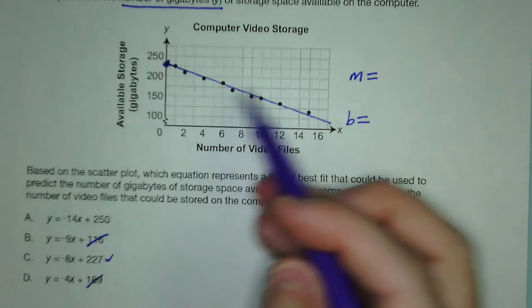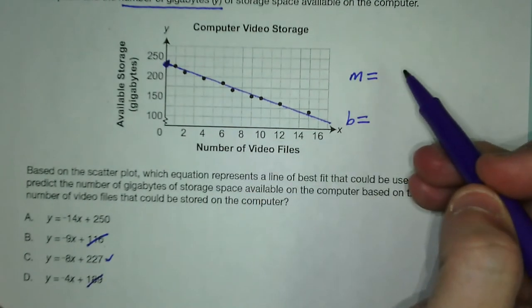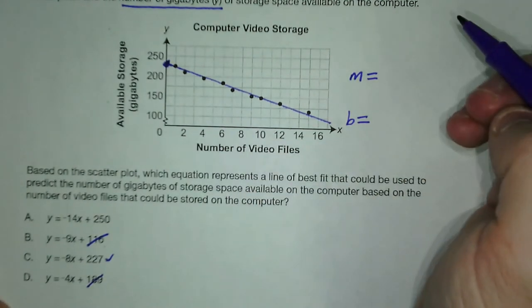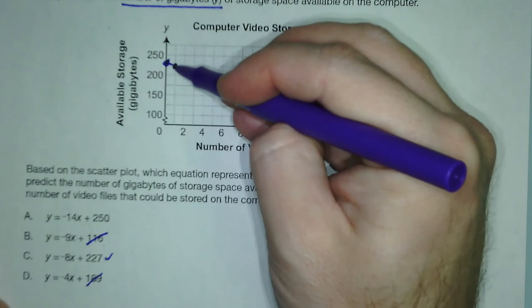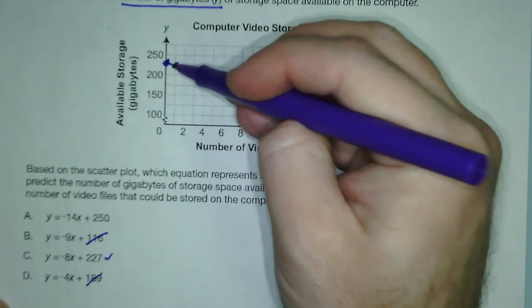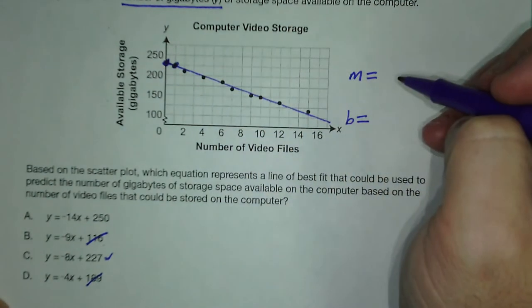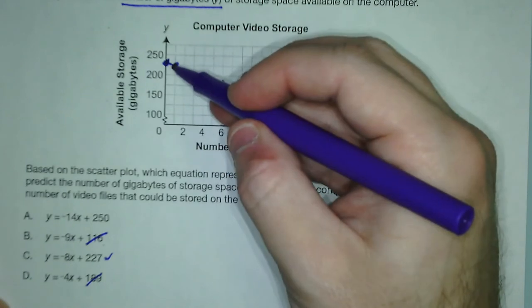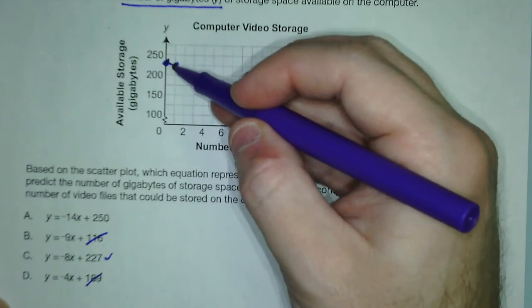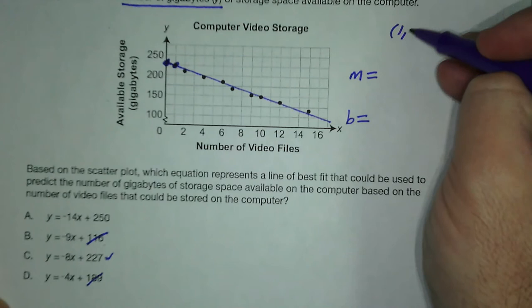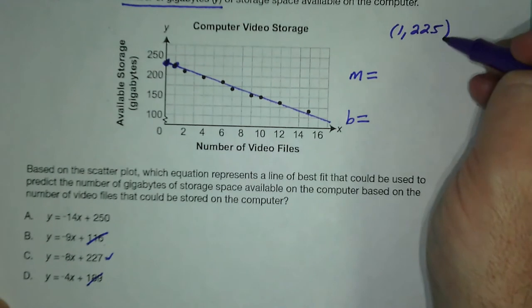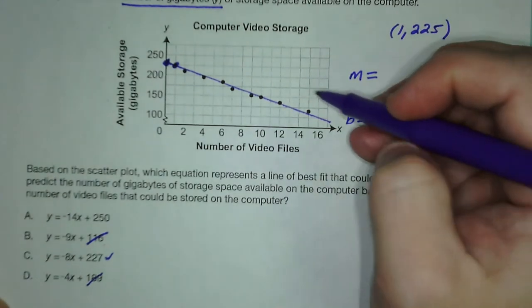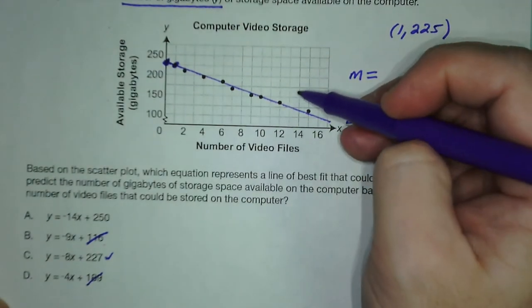But let's investigate the slope, okay? Let's say we were talking about that point, which looks like 1 comma 225. I'm going to go with that.